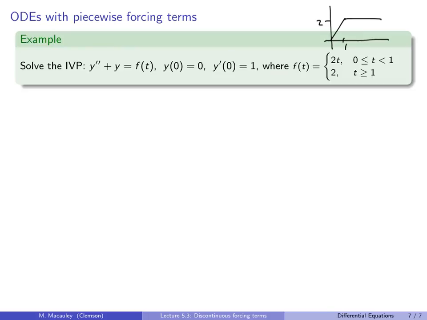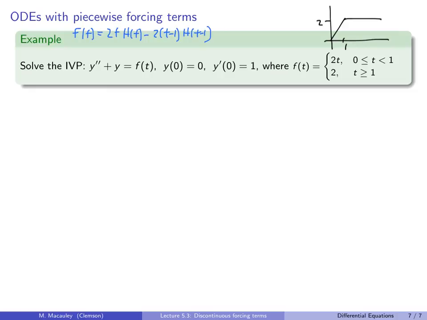Before we get started, let's recall that we've actually written this function using the Heaviside function before. This was a couple slides ago. It was 2t times h of t minus 2t minus 1 h of t minus 1.